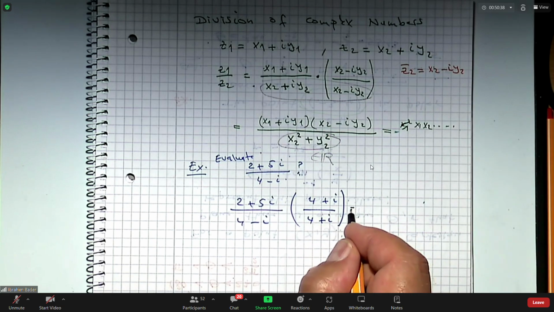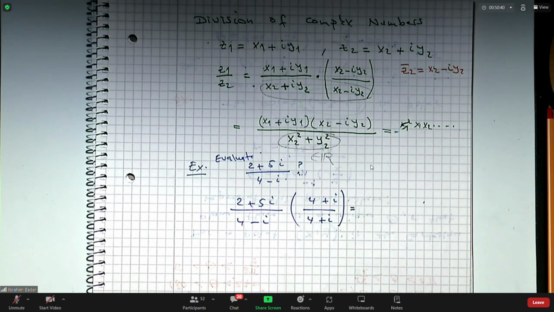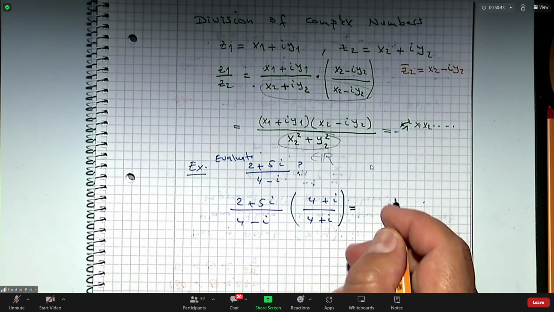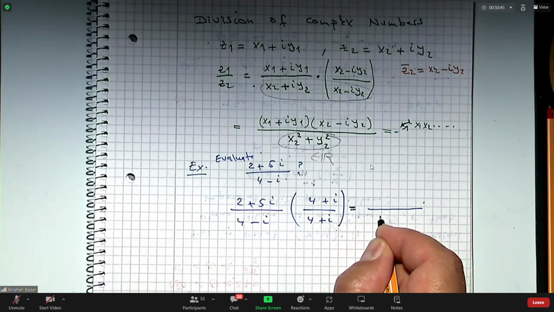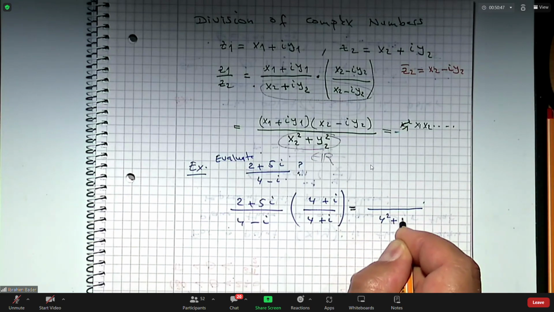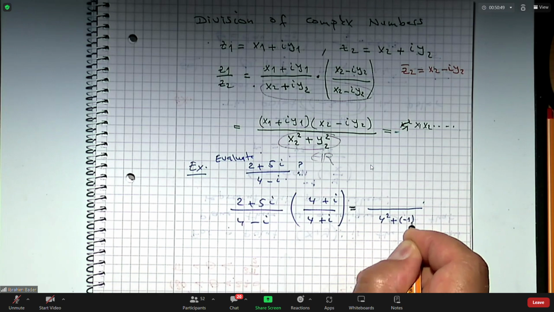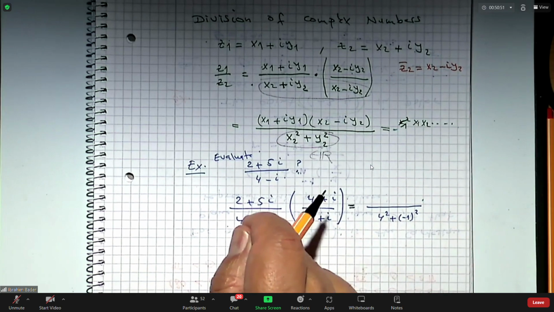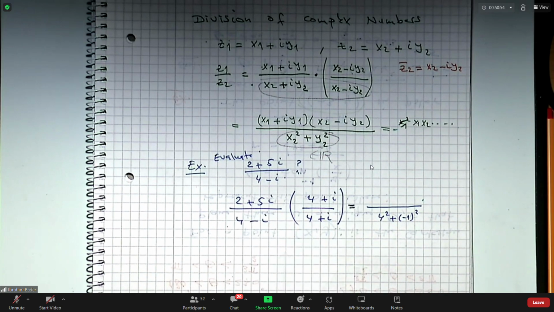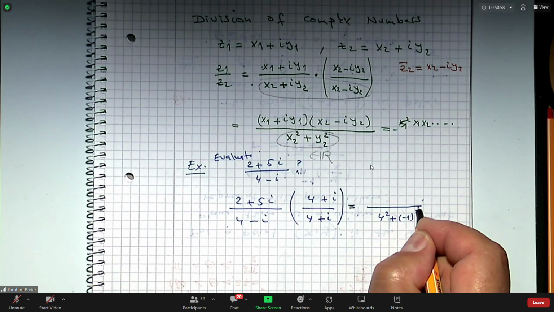So let's start here with the denominator. What is the denominator here? 4 squared plus minus 1 squared. Notice here that y is minus 1. It's in the original number, not in the conjugate. Okay?